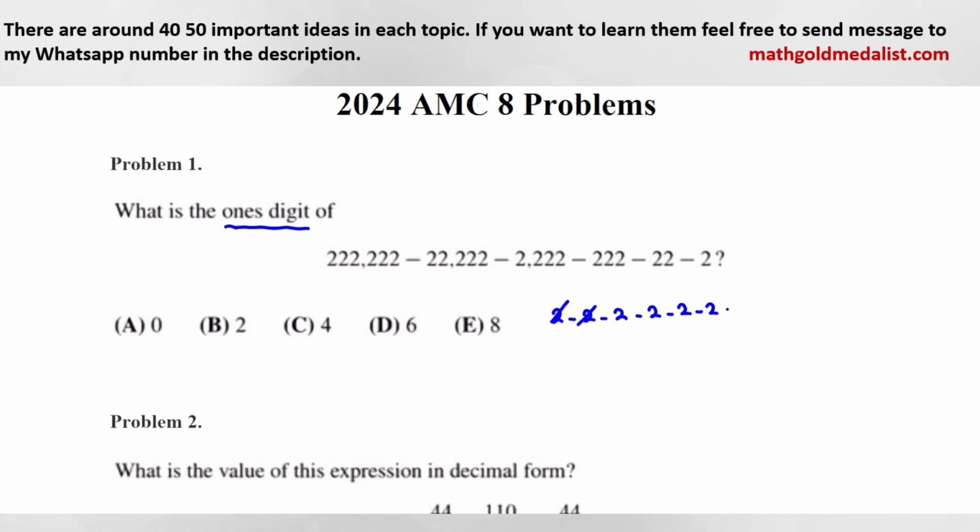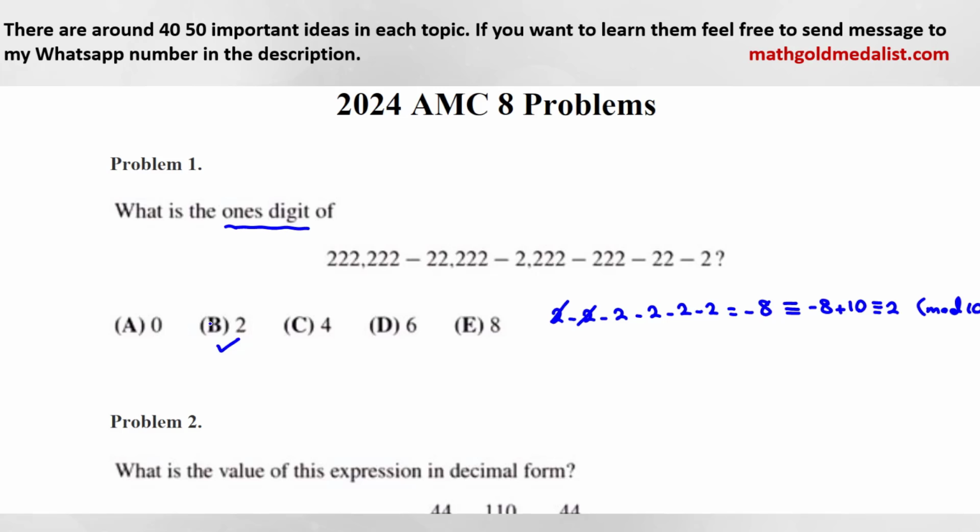This one will be cancelled, so it will be negative 8. And because it is negative, if you know mod, you can add 10, because the ones digit means the remainder when divided by 10. So if you add 10, negative 8 plus 10 is 2. You should consider mod 10. So the answer will be choice B.